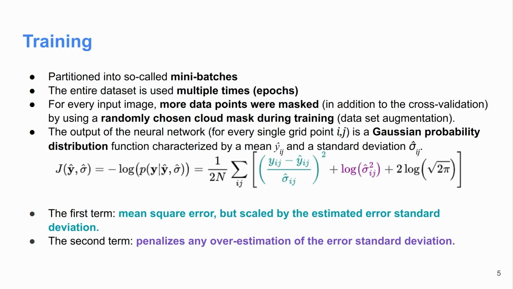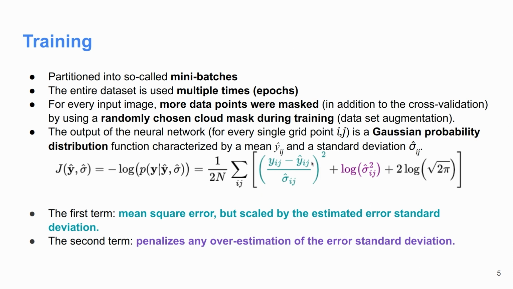The loss function is a bit particular in this sense because you have not only the reconstruction but also uncertainties. If you take the logarithm of the Gaussian likelihood, where y is the actual measurement, the sea surface temperature from the satellite, y hat is the estimated sea surface temperature, and sigma hat the estimated standard deviation, and you write down this conditional probability for the Gaussian, you will end up essentially with two terms.